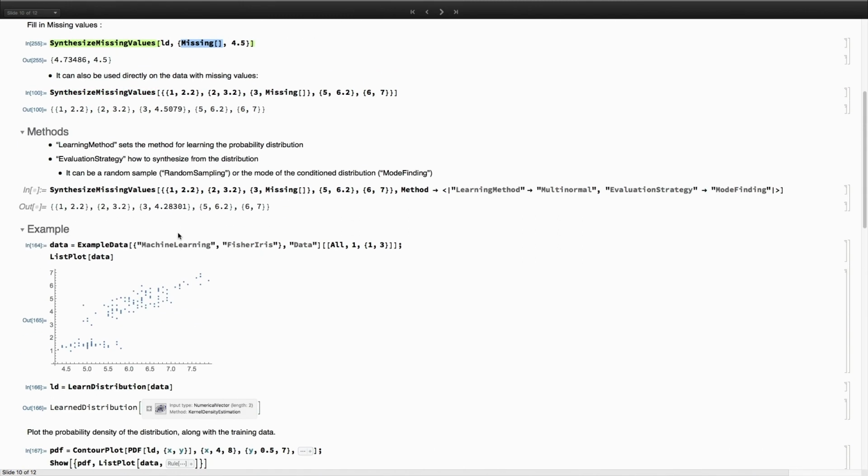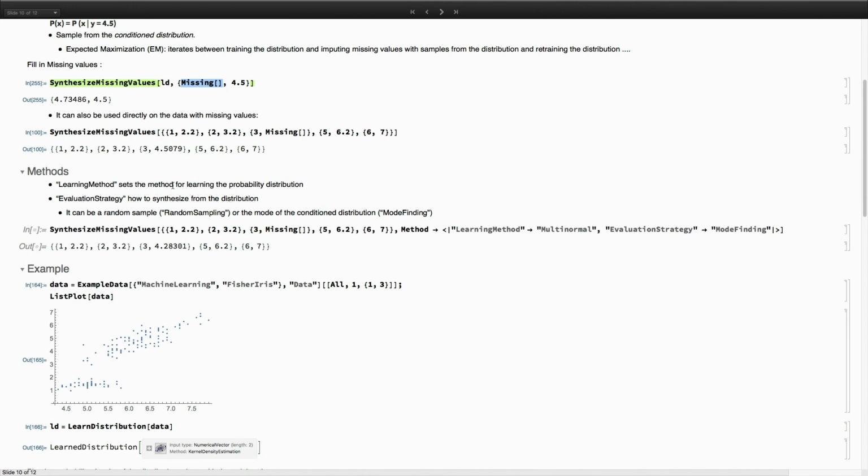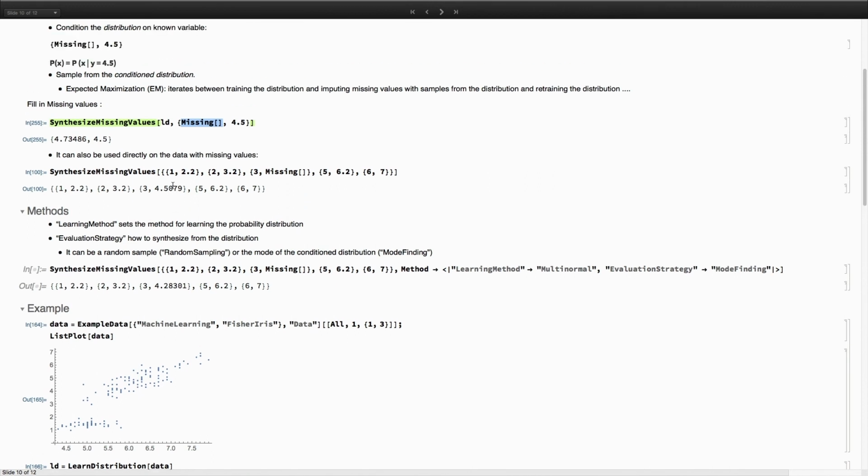In general, the formalism works like this: an expectation maximization algorithm underlies it, which iterates between training the distribution, imputing the missing values, and training the distribution again on that imputed data, again and again, to get the best missing value synthesized for you.